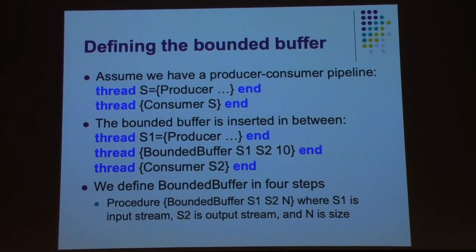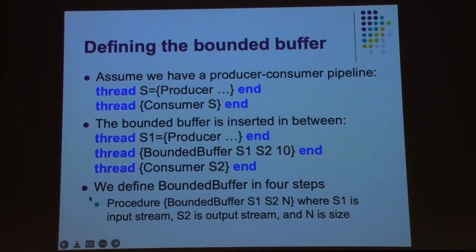So you can't just make it go arbitrarily big. You have to fix the size to some maximum. So the maximum size here is 10, for example. Okay? So now let me show you how to write this code. We're going to define it step by step, and hopefully this will help you understand how it's working.